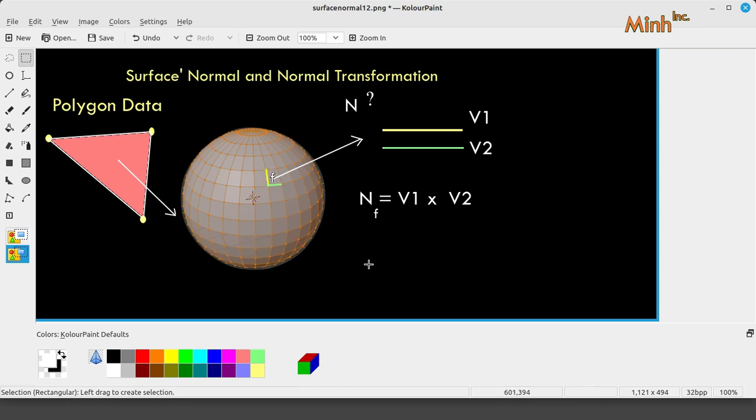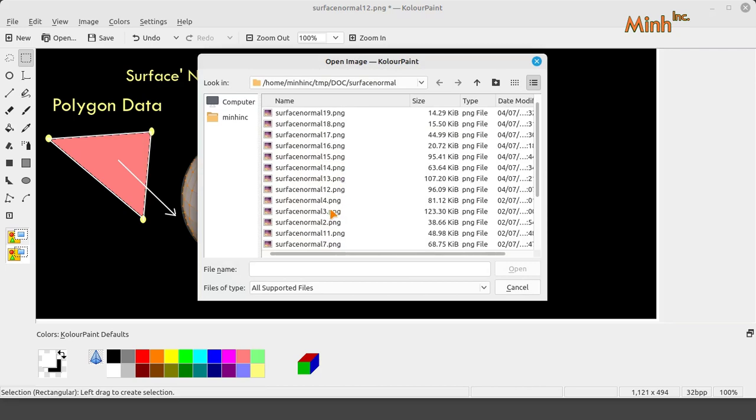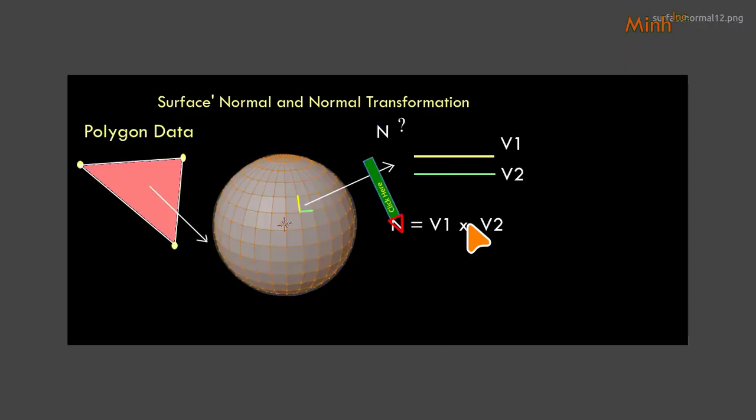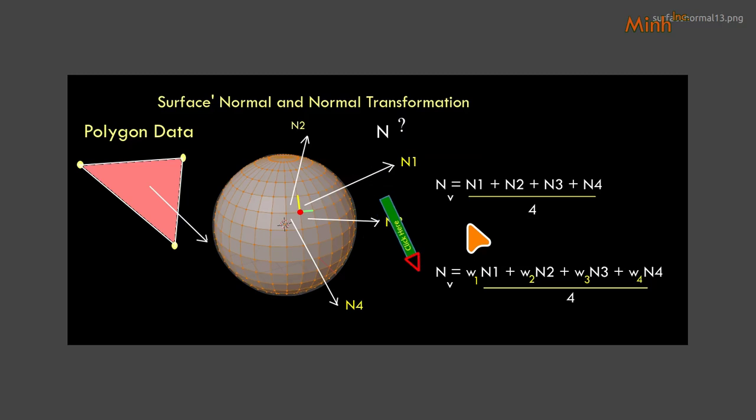So this is the normal for any particular facet, and now we are calculating the normal of a vertex. So this is the normal of a particular vertex, or the normal of a particular point.